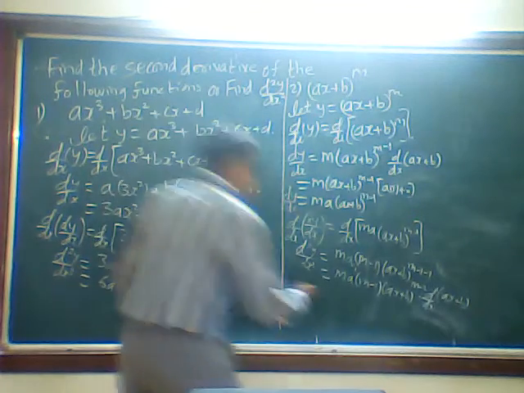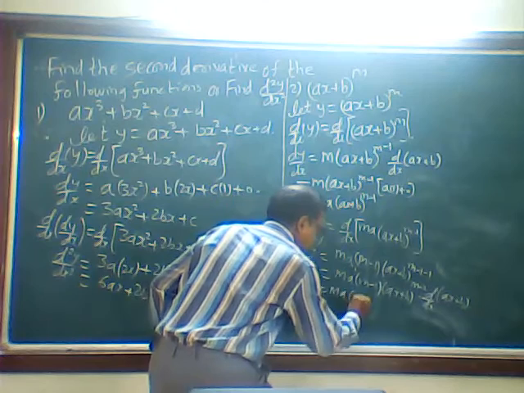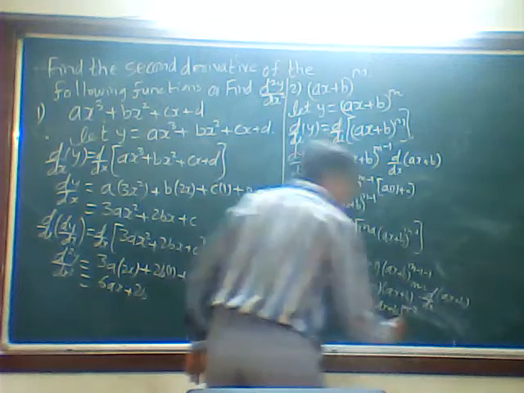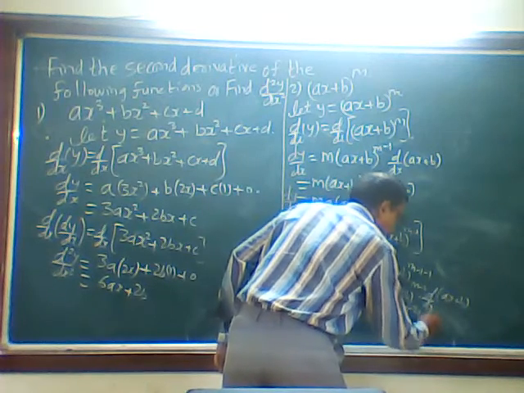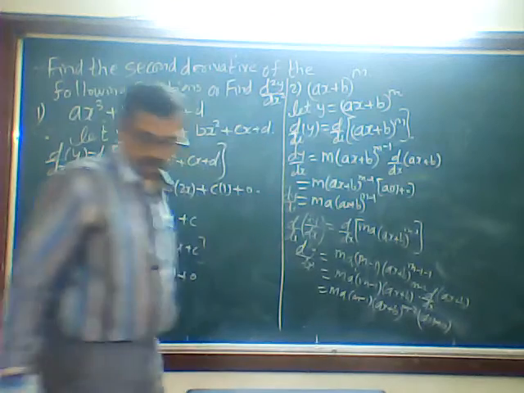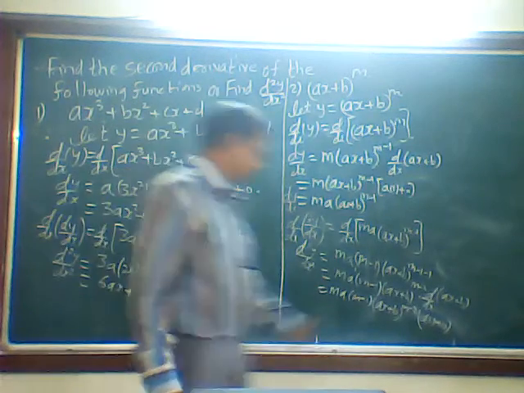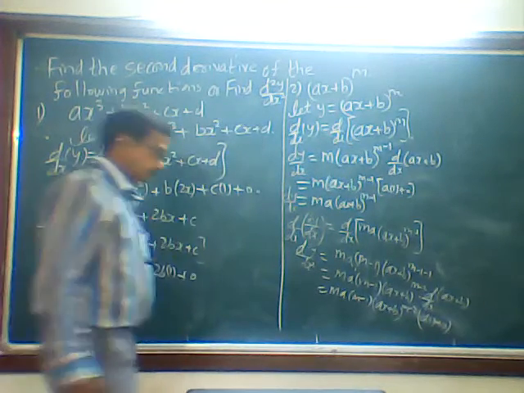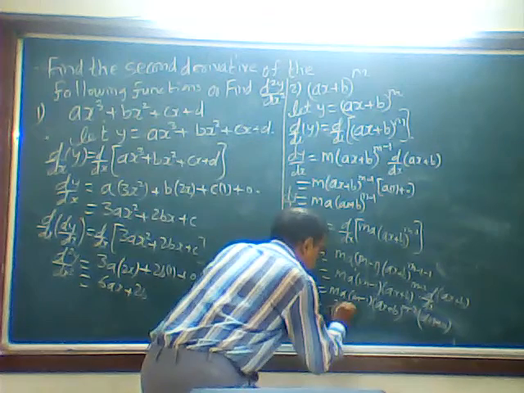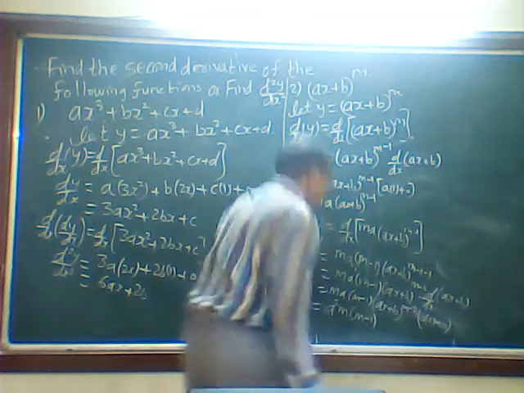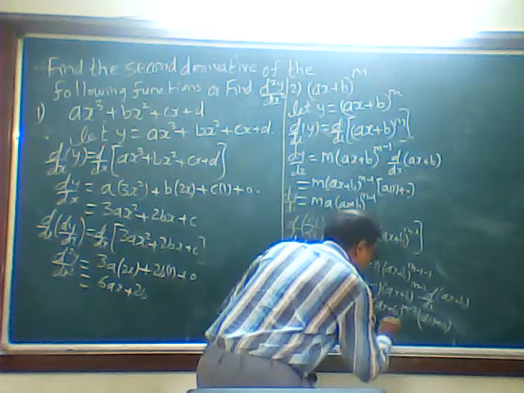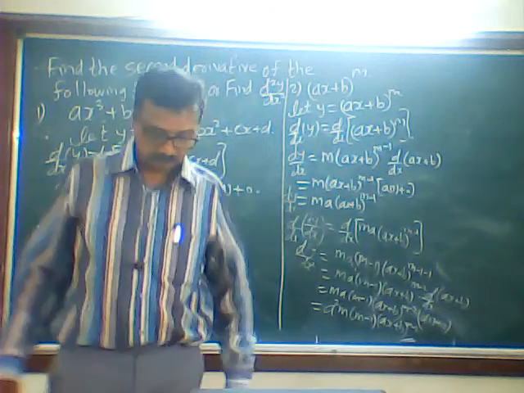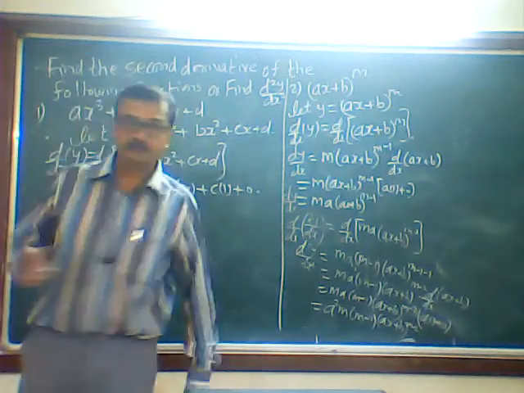So m times m minus 1, ax plus b raised to m minus 2, into d by dx of ax, which is a into 1, and b is 0. So this a and this a will become a square. So you can write a square m into m minus 1 into ax plus b raised to m minus 2. Okay, just go through it.